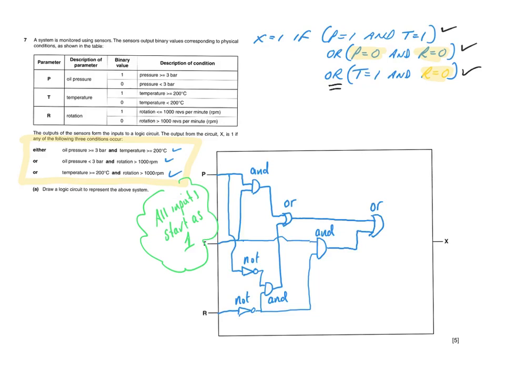And because we've now completed all 3 lines of the expression, you can take the output from the OR gate and pass it out to x. Okay, hopefully that helps.